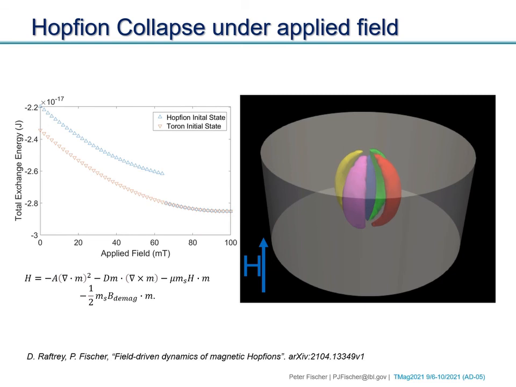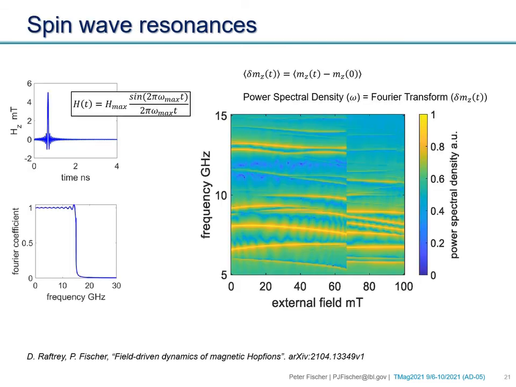Okay, and then we started to play a little bit with the dynamics. So we had, of course, the field, and we looked into the spin wave resonances here. I just want to point you to the summary slide here. We did a sinc function here. You can see very nicely some bands as a function of frequency. And again, here at about 64 millitesla, there's this transformation from the Hopfion on this side to the Toron.